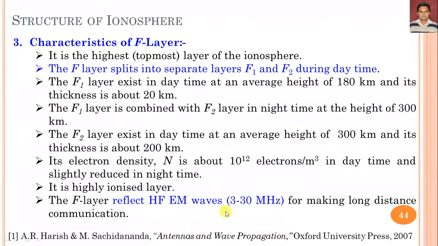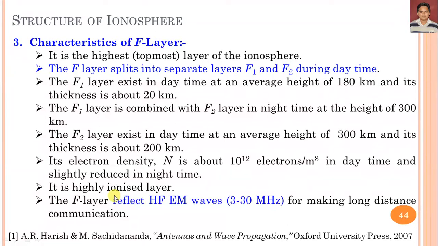It is a highly ionized layer and the F layer reflects EM waves, 3 to 30 megahertz, for making long distance communication. So we can say that the structure of the ionosphere has three different layers: D, E and F layers.